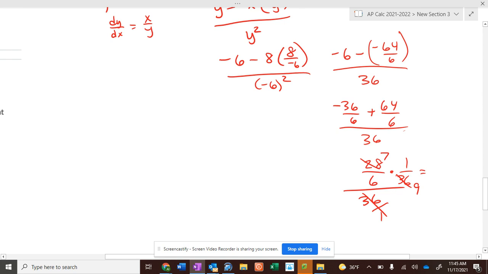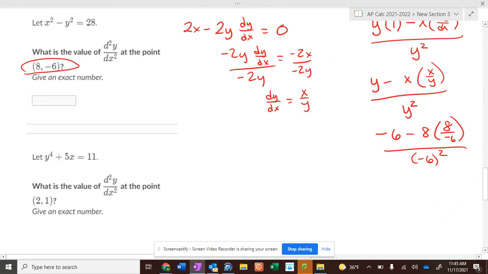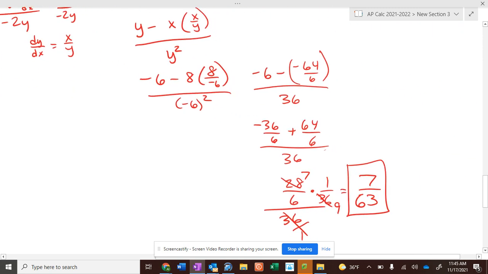Reduce the fraction. So it's 7 over 63. Oh, yeah, 1 over 9.